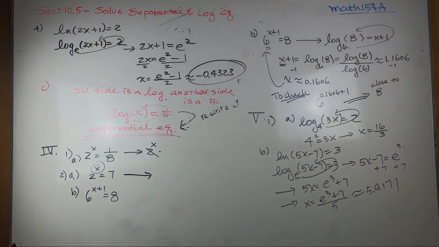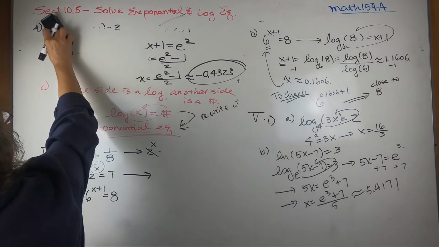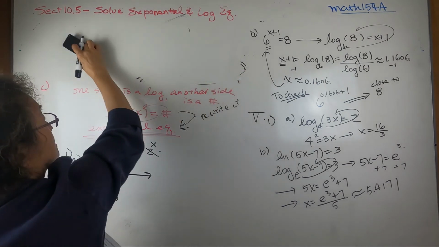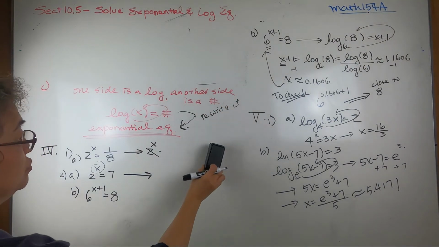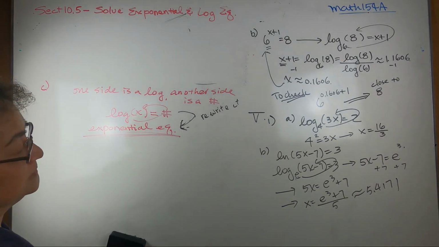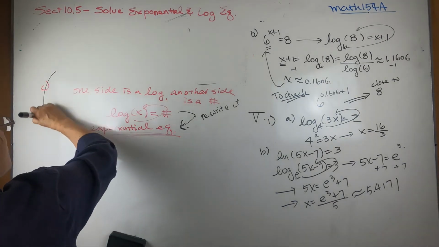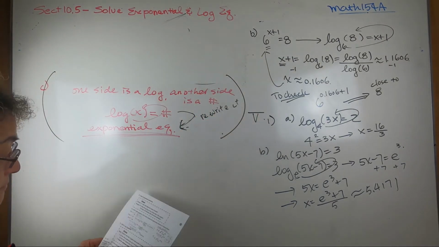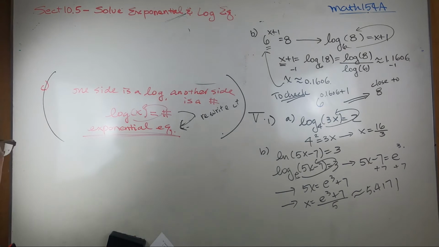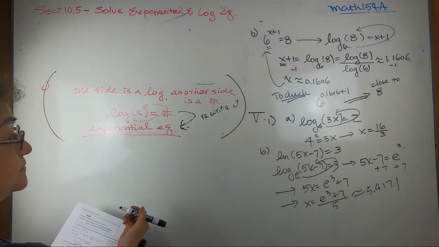Good? So if one side is a log and another side is a number, you should just rewrite it as an exponential equation. That's the whole idea, because we know how to solve exponential equations.